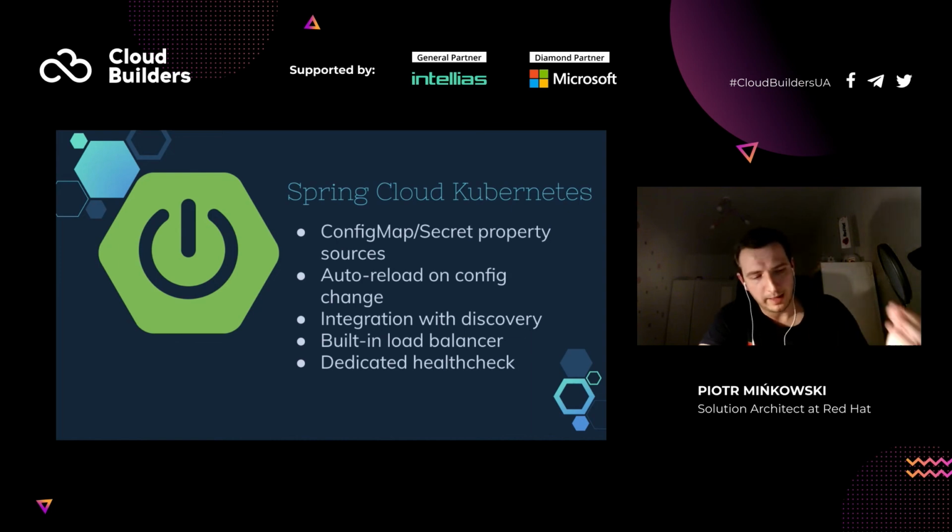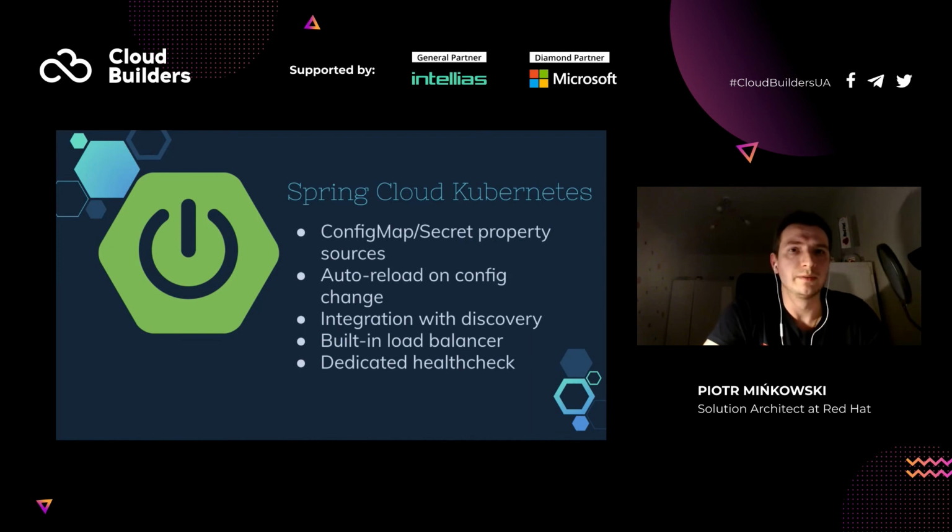It's a basic object for integration with discovery in Spring Cloud. We have a dedicated implementation of this discovery client for the Kubernetes API. And thanks to that, we can, for example, easily integrate HTTP client and load balancer to communicate directly with the pods instead of using Kubernetes services.